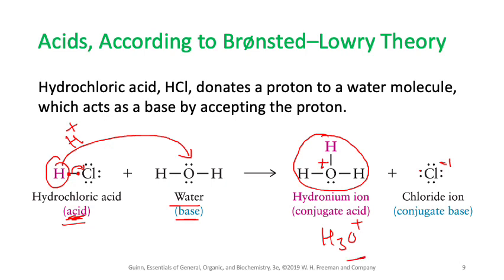So according to Bronsted and Lowry, HCl is your acid because it is a proton donor in this reaction, and water is a base because it is a proton acceptor. Right? So this is how it works.